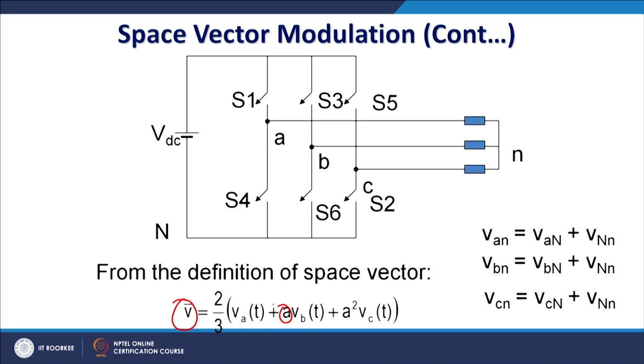Here you can see that the phase voltage VAn will have VAN plus the common mode voltage VnN. In the same way, VBn and VCn all contain the common mode voltage. But this common mode voltage will be eliminated in the line voltage if you subtract.